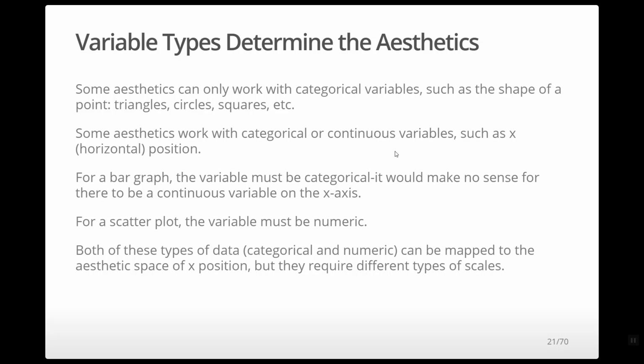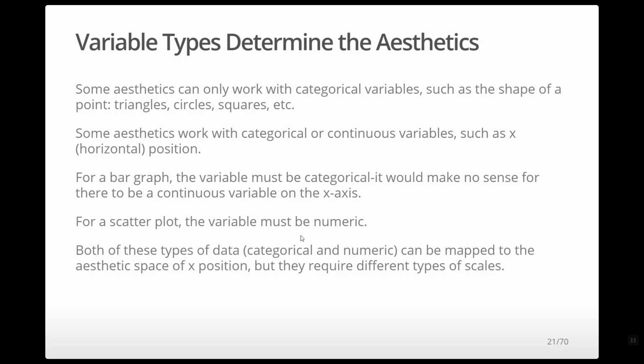The x position can work for a continuous numeric variable. It can work for a categorical variable. Even the color can work for both categorical or continuous. So you can have continuous ranging from white to black, in shades of gray. You can have the color being, red is this, green is this, and blue is this. So that can be categorical as well.